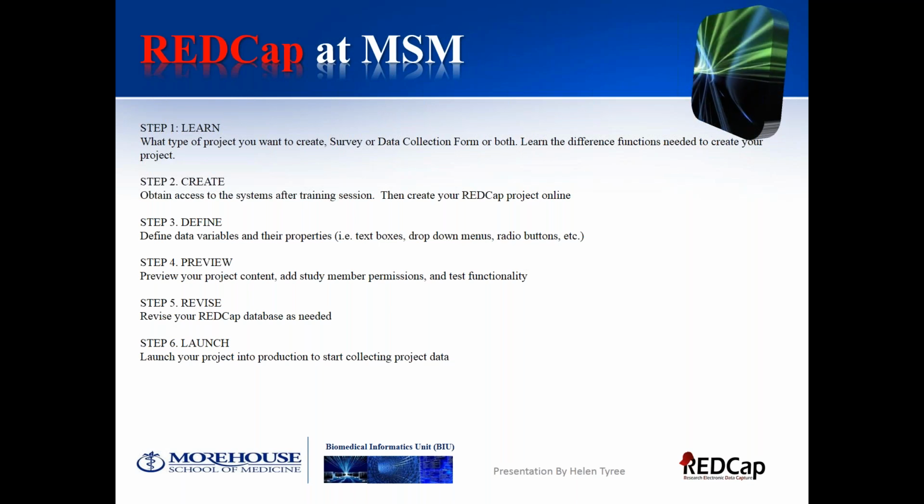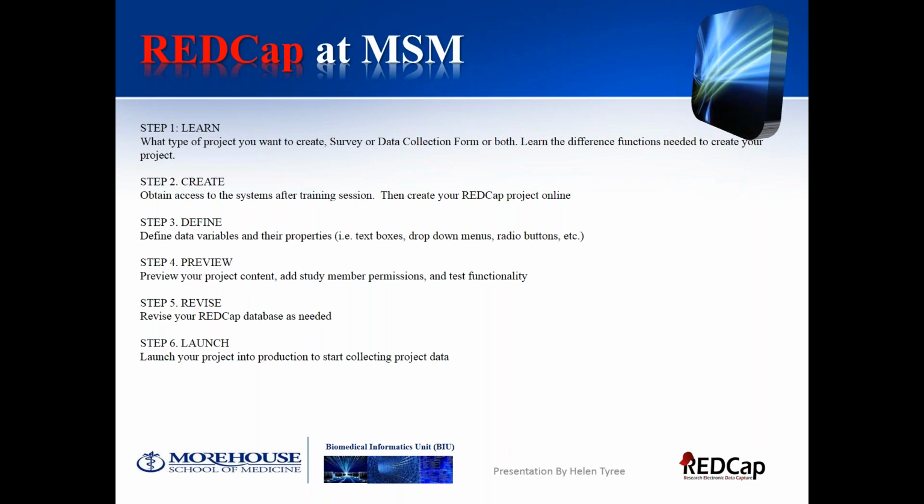You can define the data variables. That's where you go in and put your text boxes, your drop-down menus, your radio buttons, etc. Preview. Once you've done all of the defining parts, you want to preview, add your study member permissions, and test the functionality. And I'll be saying this again, you need to make sure you test what you're putting in so that you get what you want before you put it into production.